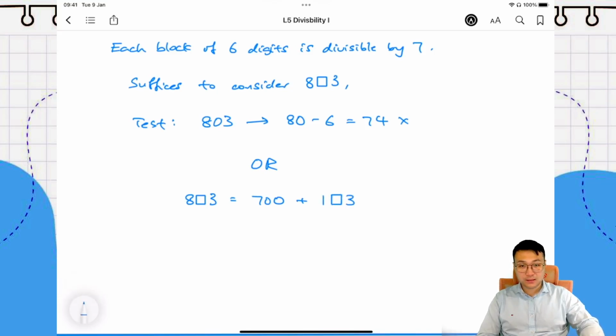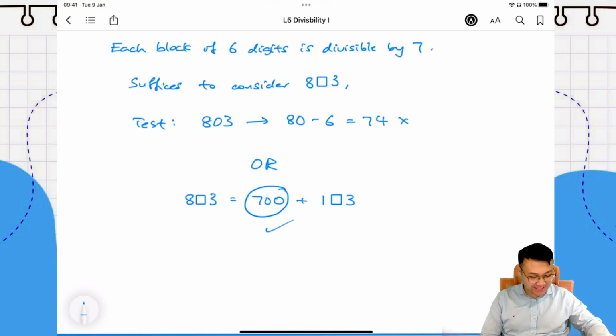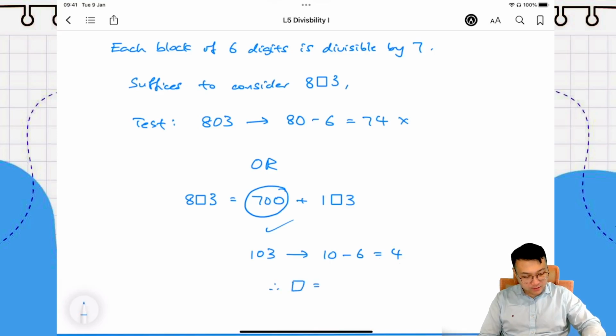So you already know that 700 is divisible by 7. You only need to look at the 100 and something 3. Then you can just test with 103. You'll still get the same answer. 4 cannot be divided, right? Very good. Thank you, CJ. Well done.